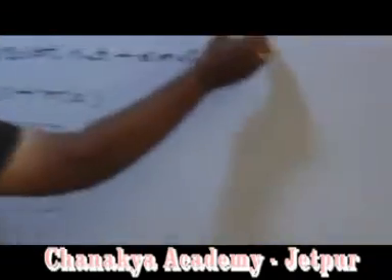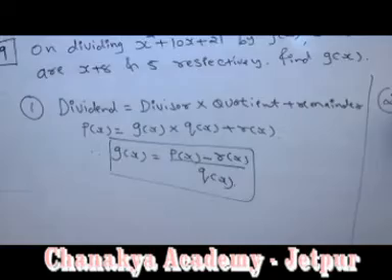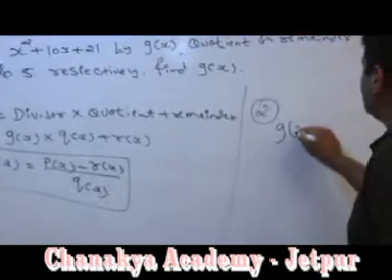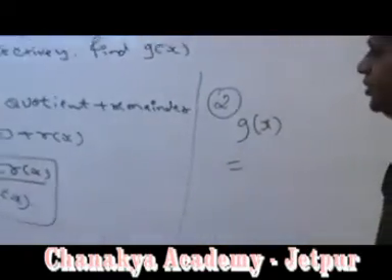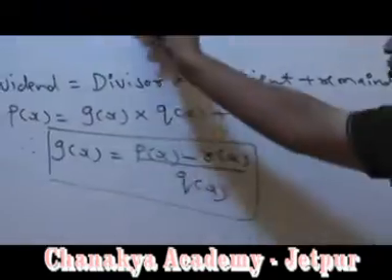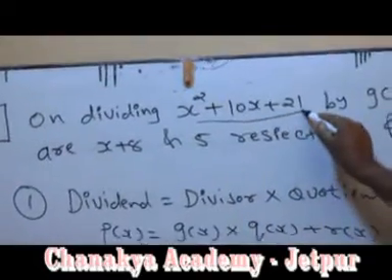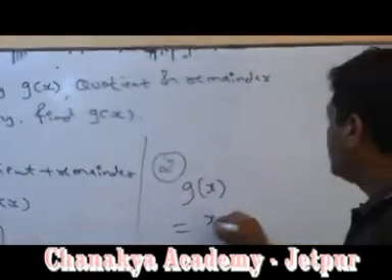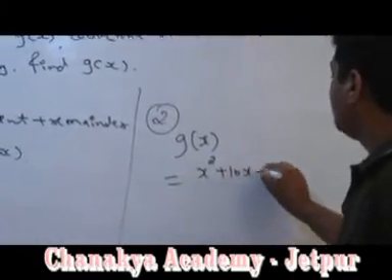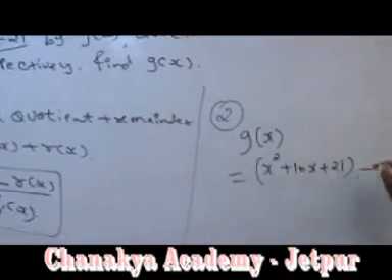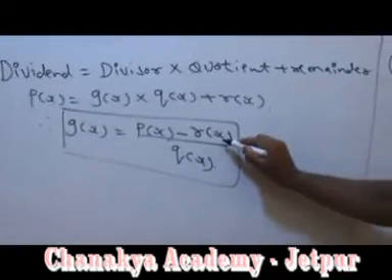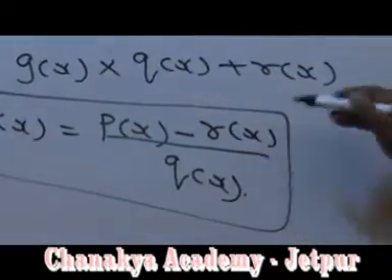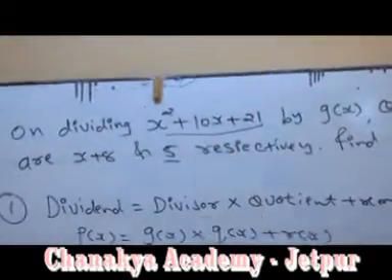Now students, in our second step, g of x equal to, what is the value of p of x? x square plus 10x plus 21 is p of x, minus r of x. r of x is our remainder, which is 5.